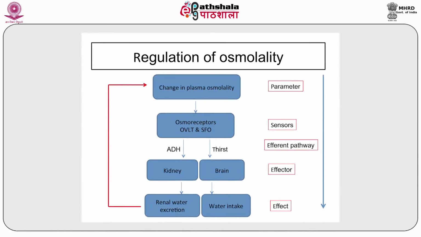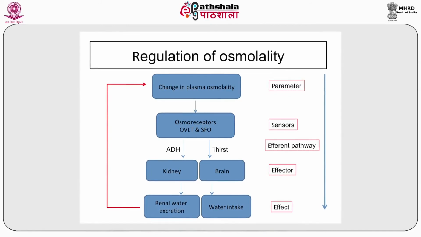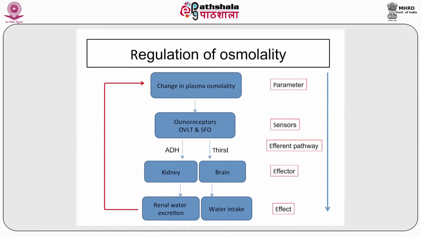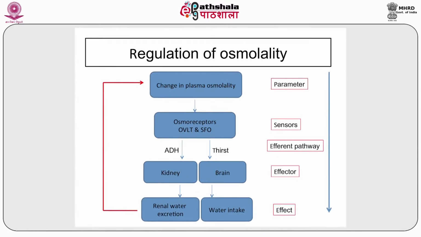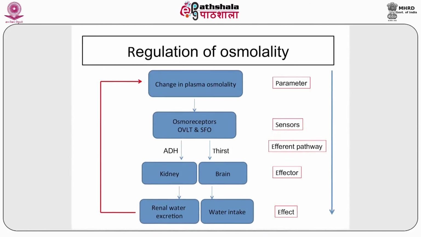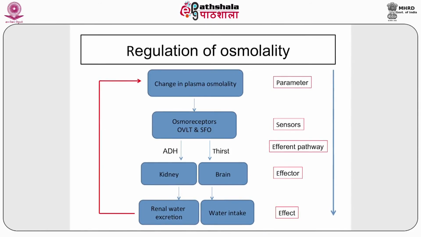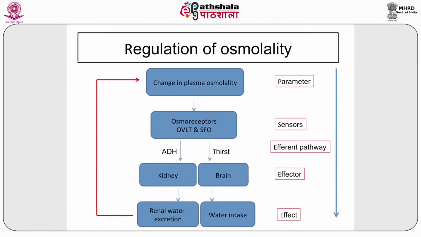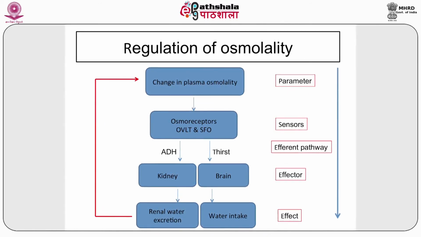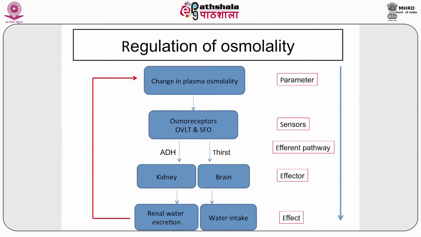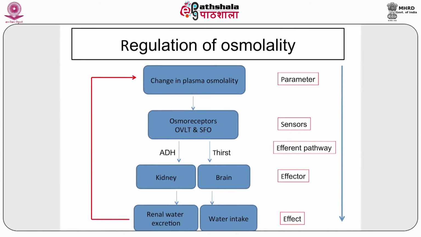As mentioned earlier, change in the total body water volume affects the plasma osmolarity. So basically all the regulatory mechanisms related to the total body volume are responsible for maintaining plasma osmolarity. The total body water volume is controlled by intake, which is controlled by thirst, and output, which is controlled by kidney.